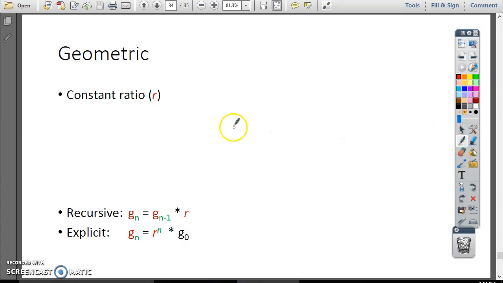Okay, let's say you've got 1 and 3 and 9. Okay, so again, it's kind of the same sequence we did before. It's just one step back now. Okay, now the pattern is you are multiplying by 3. So in this case, our R is 3.